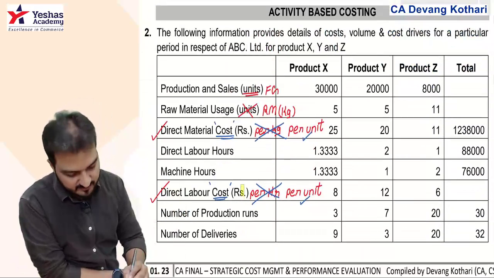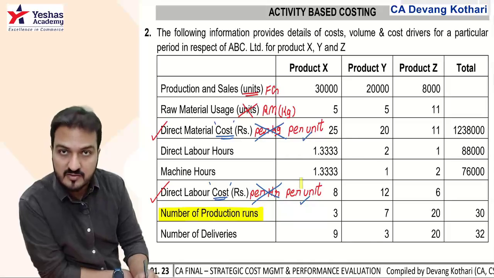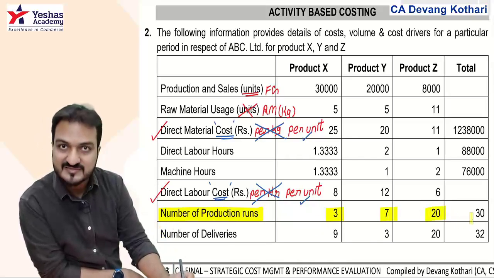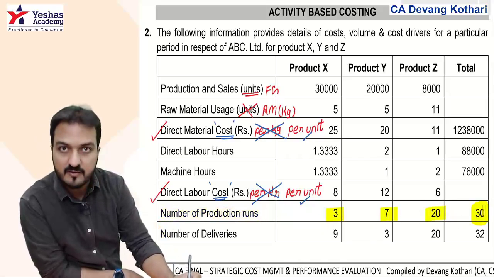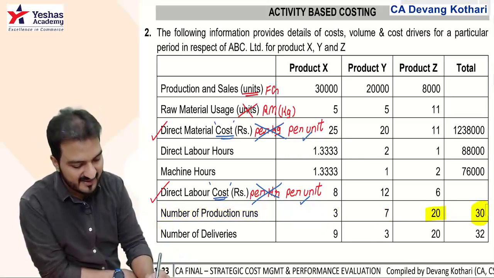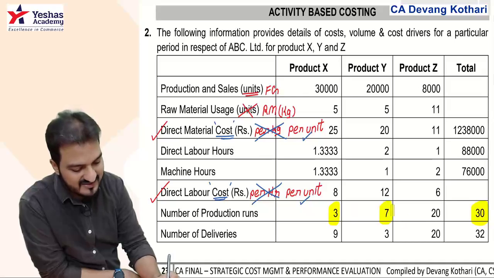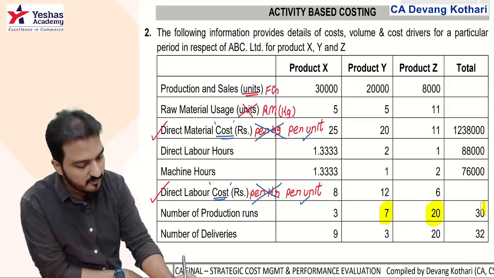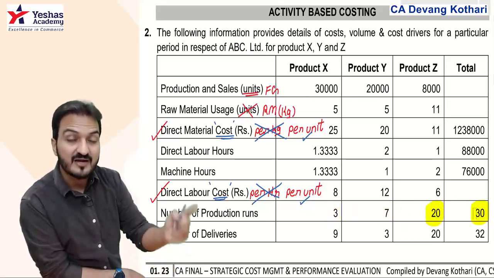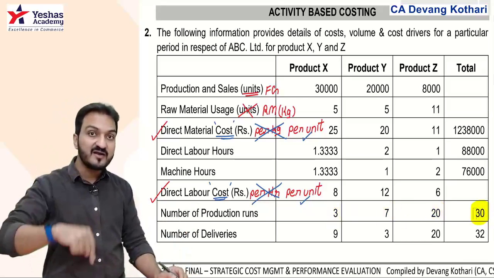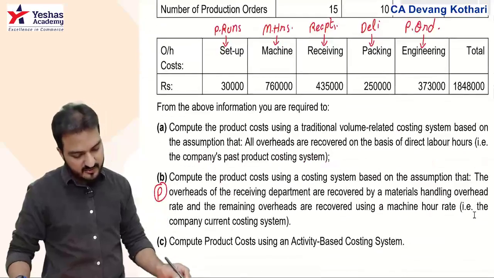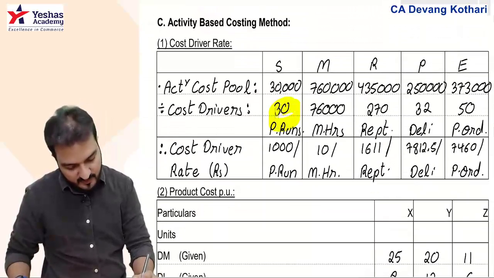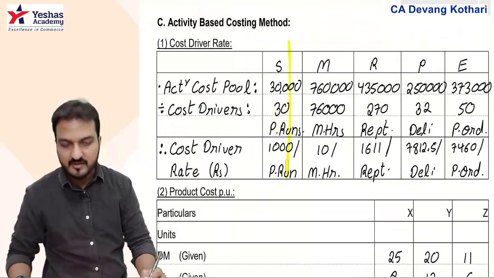You notice in this table the number of production runs for X, Y and Z. X is 3, Y requires 7 production runs, Z requires 20 production runs, and the total production runs is 30. That total 30 is what you divided by in calculating the absorption rate for the setup rate.